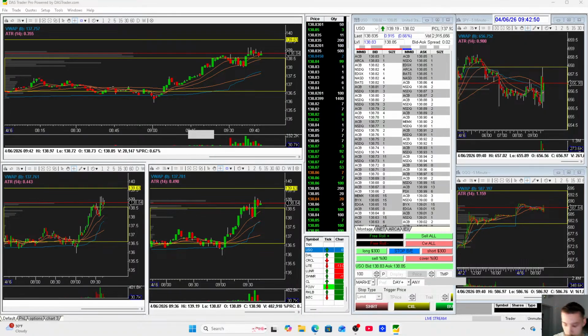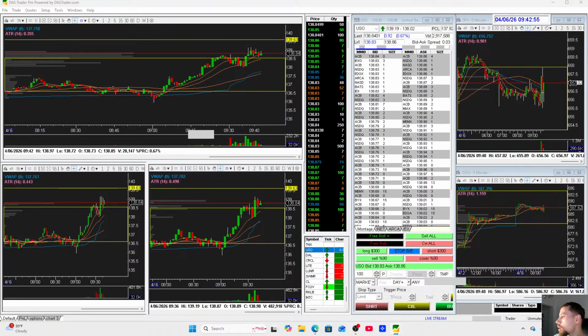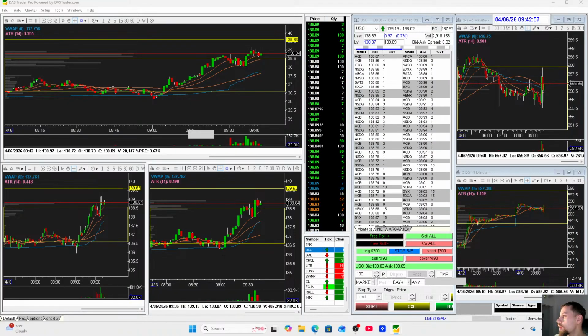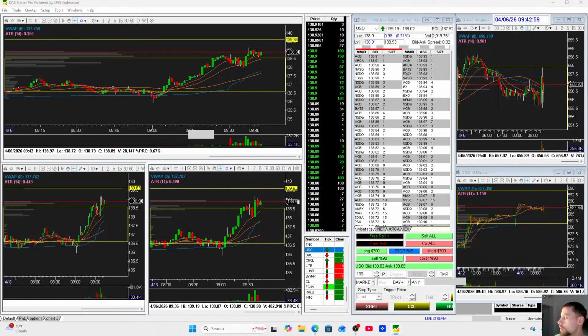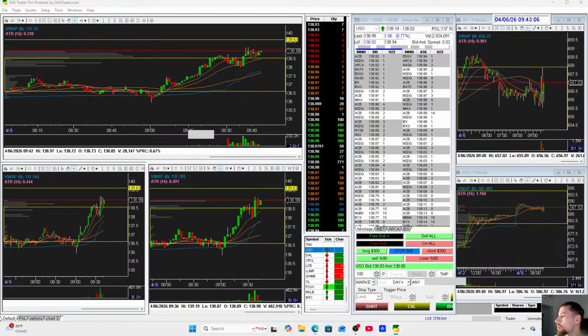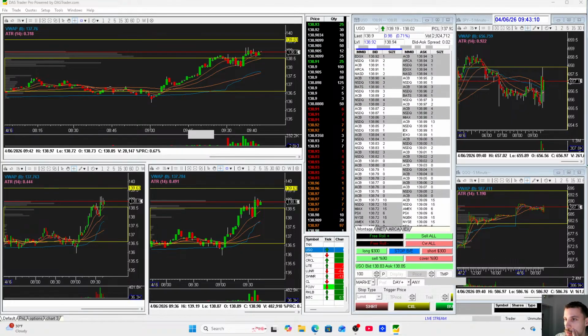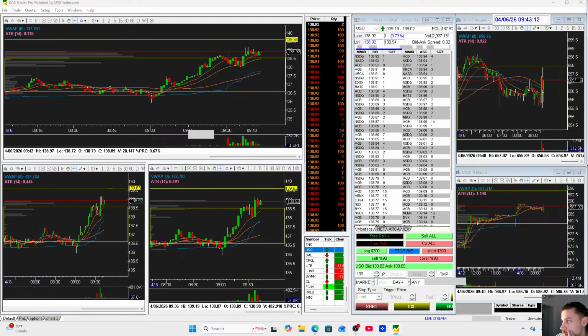Let's go to AMD. SanDisk working its way back up here.